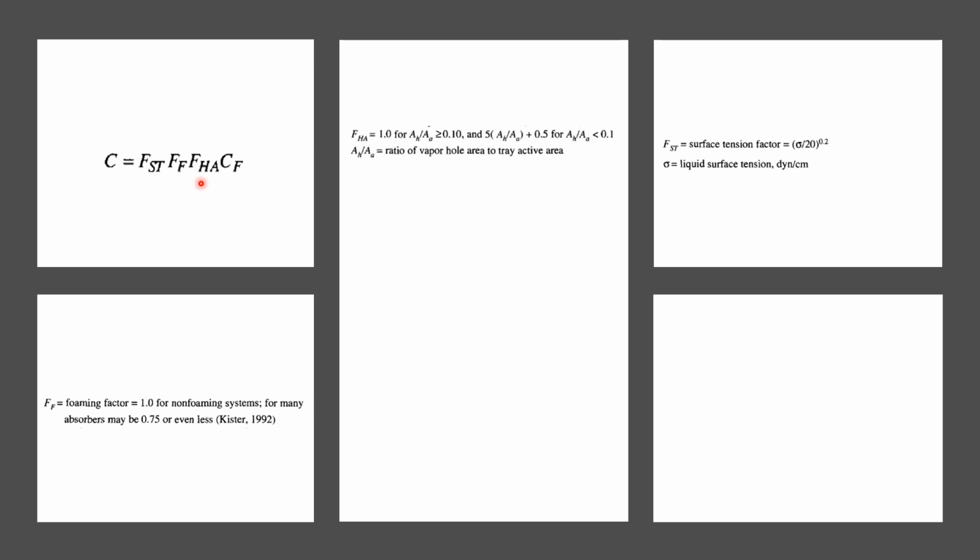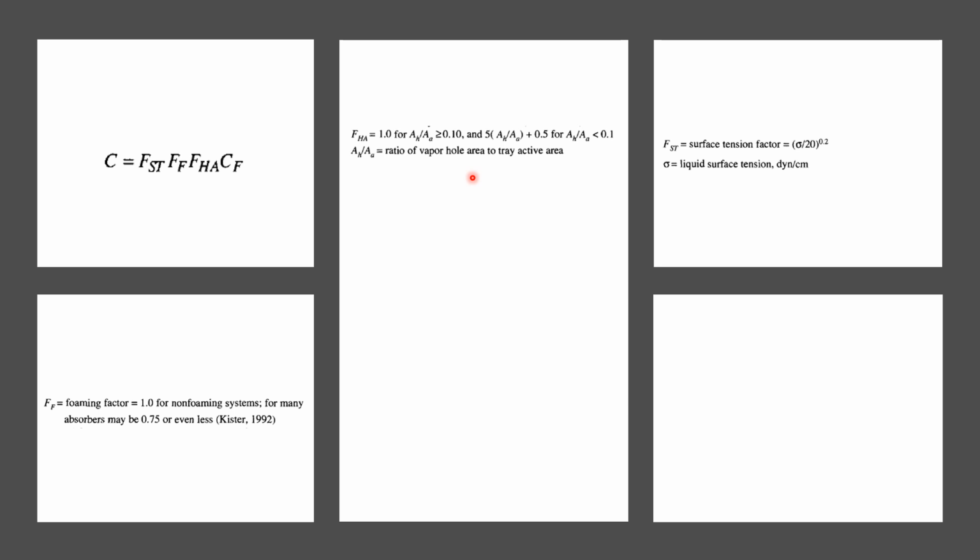And FHA is the factor relating the ratio of hole area to tray active area. We already know what the active area is, which is the bubbling area on a tray. And the hole area is basically the summation of the areas of all the holes on that tray.